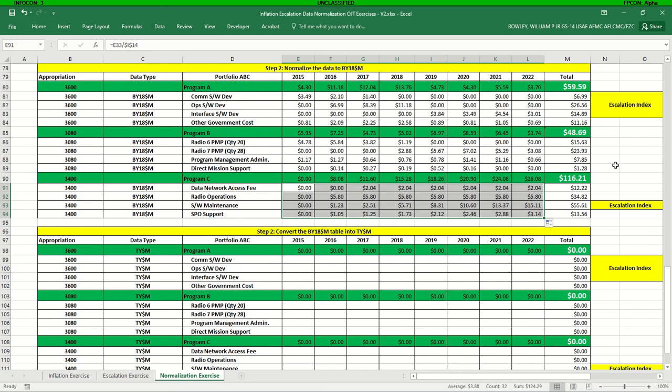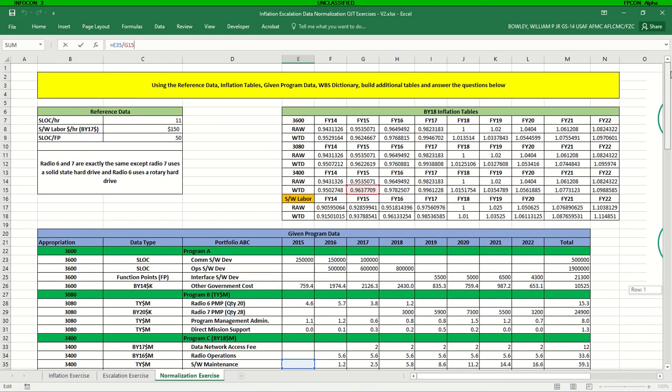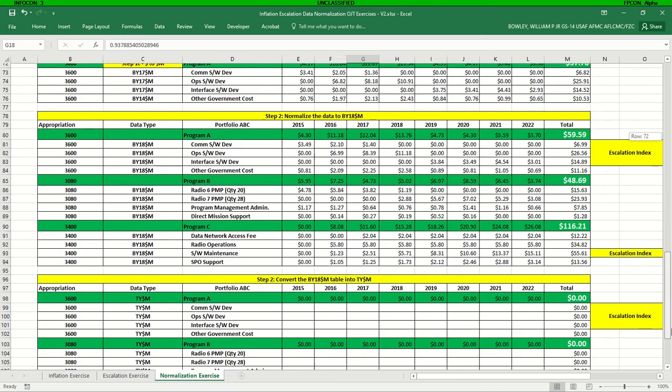Okay, so now we've got, oh, look at this. I've overlooked my escalation. So I grabbed the wrong one here. So we can fix that real quick. So software maintenance is a type of software labor, so we want to make sure we're grabbing the appropriate reference.